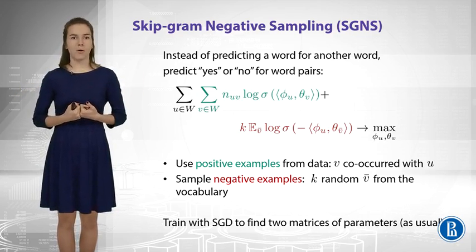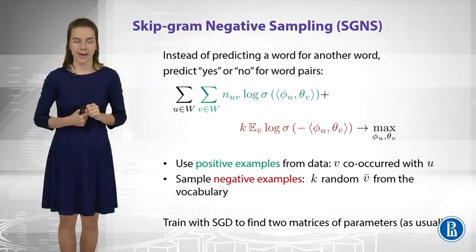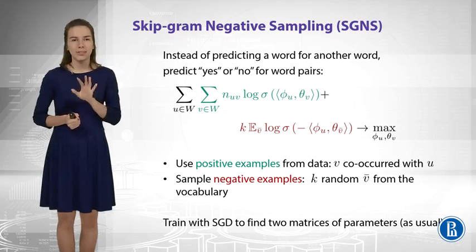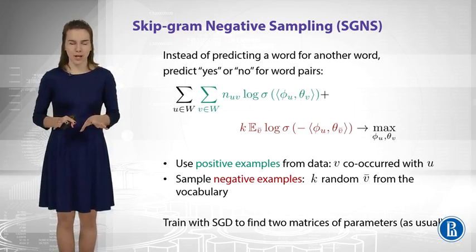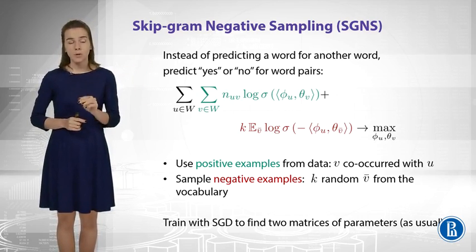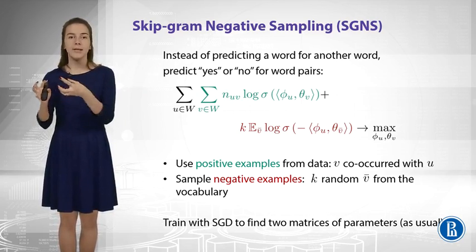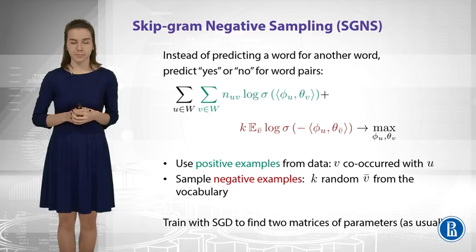Okay, now maybe you are somehow scared with the mathematical expectation that you see here. And actually, we do not take any mathematical expectation, though we write it in some theoretical way. But what we do, we just sample. So k will correspond to the number of samples, and we sample just k words from the vocabulary for every given u word.